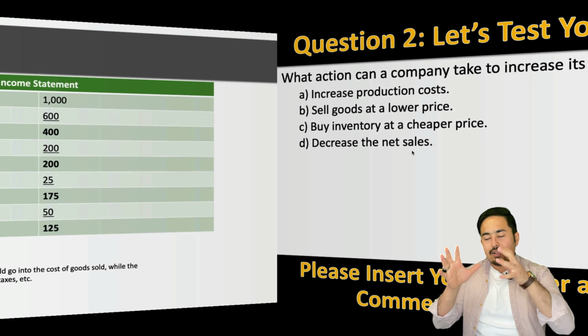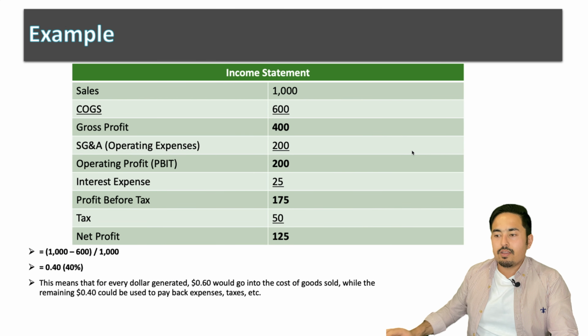There is an example, a simple income statement. You can see we have sales of $1,000, cost of goods sold of 600, and the gross profit of the company, 1,000 minus 600, is 400. We have SG&A operating expenses of 200. The operating profit, which is called profit before interest and tax because no interest and tax has been deducted, is $200.